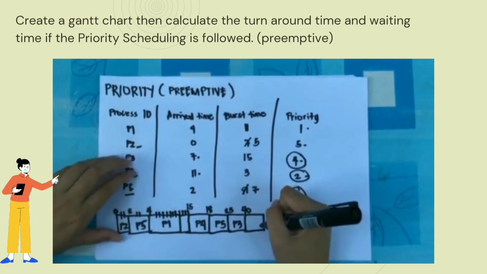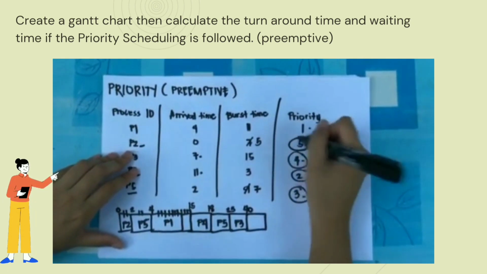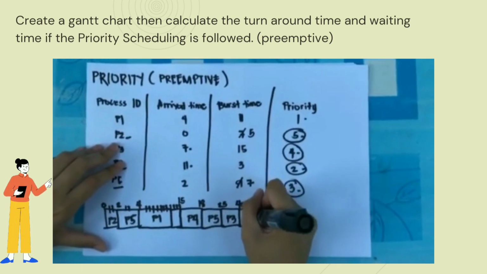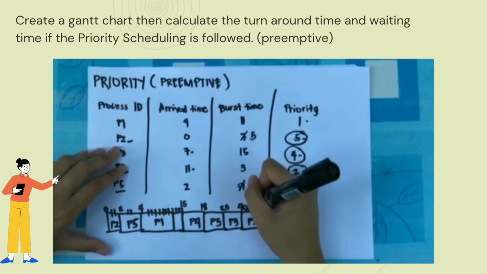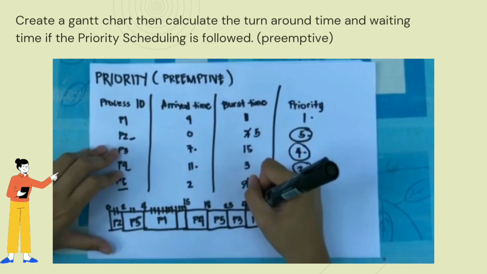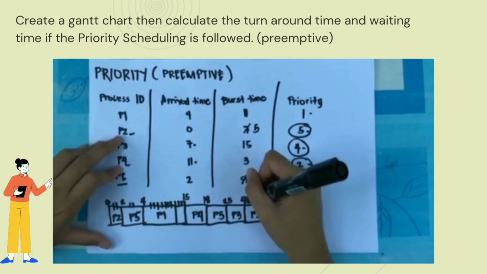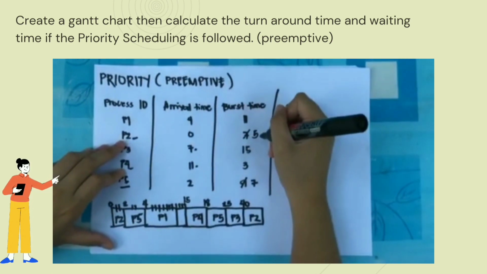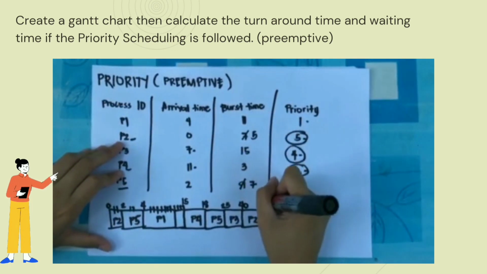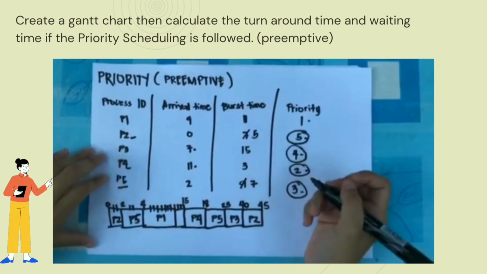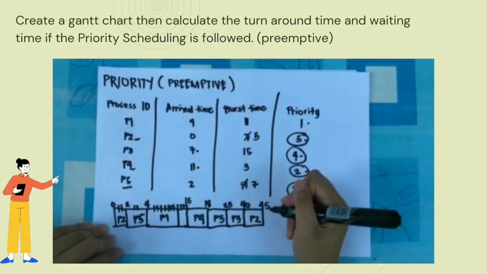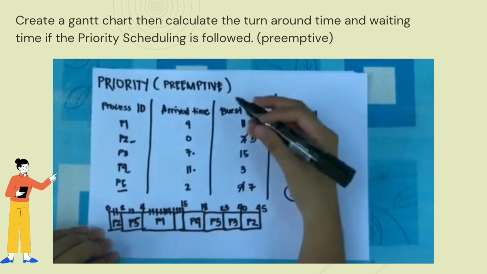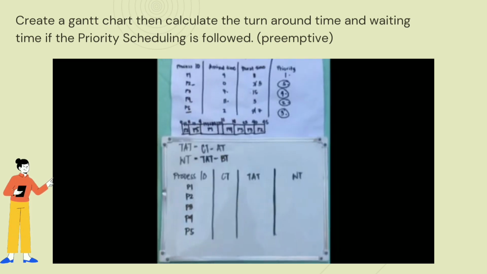And ang last naman natin na ipaprocess is si P2 dahil siya yung huling pa-priority. So, ang completion time ni P3, i-add naman natin kay P2 na may burst time na 5, so 45. So, ayun. Ganun natin nakuha yung priority na preemptive.